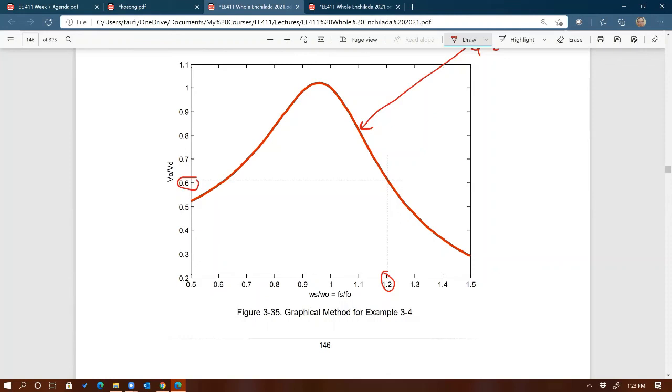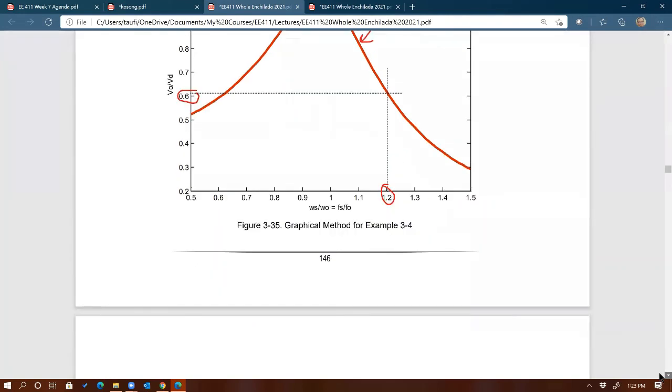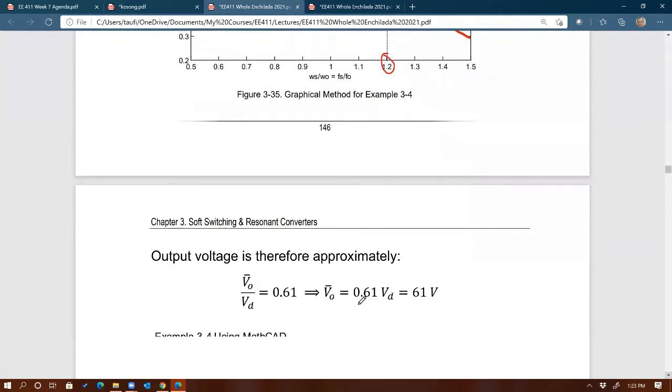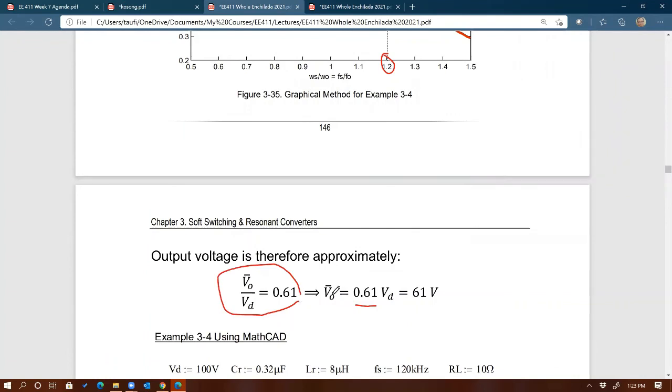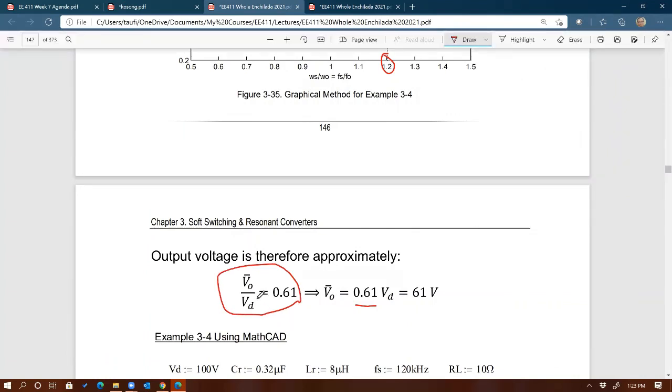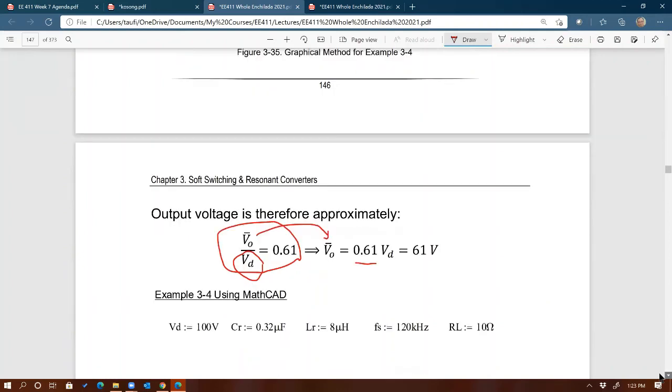It turns out to be 0.61 roughly. Since I know what VD is, I can calculate V out. So 0.61 times 100 gives you 61 volts.